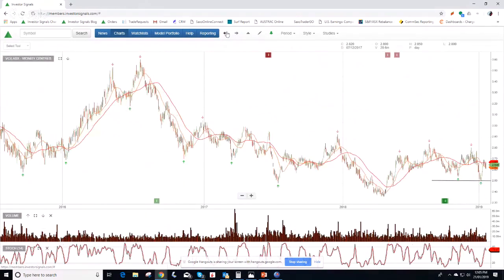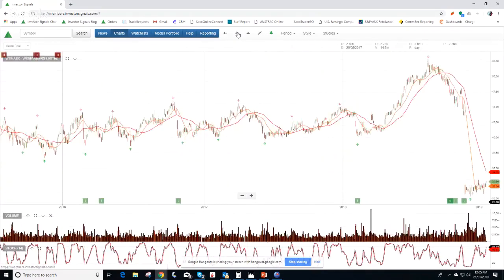Sorry, just jumping back. Vicinity Centres was added to the model portfolio around $2.50. Wesfarmers, so we've seen Coles spin off from Wesfarmers. The latest earnings update from Wesfarmers showed that Kmart's earnings were slowing, and had actually moved, I think, into negative numbers, and Wesfarmers' earnings were relatively flat.